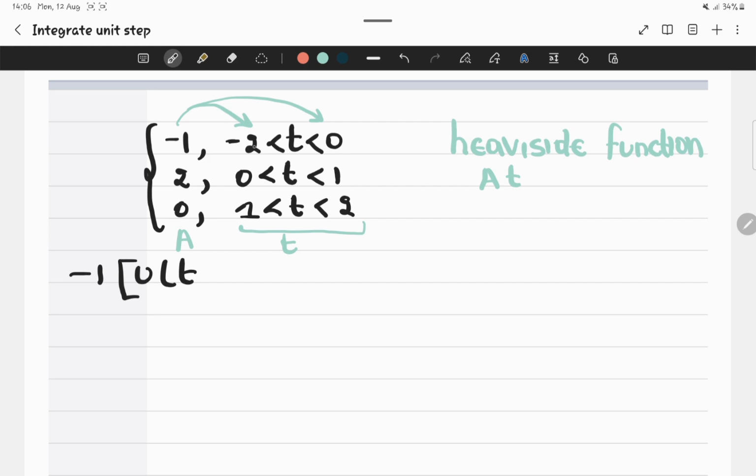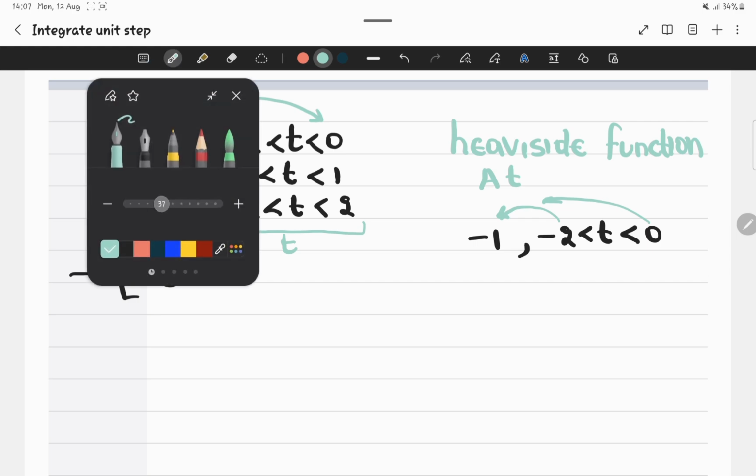If you move negative to the other side, the sign is going to change.